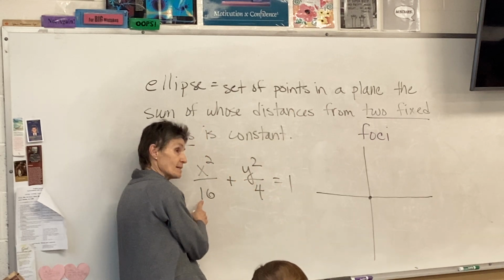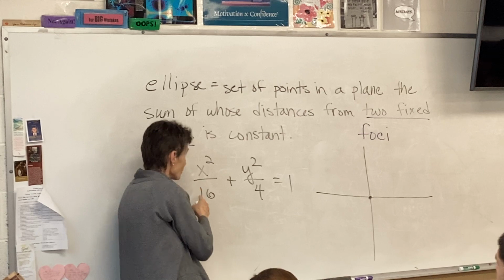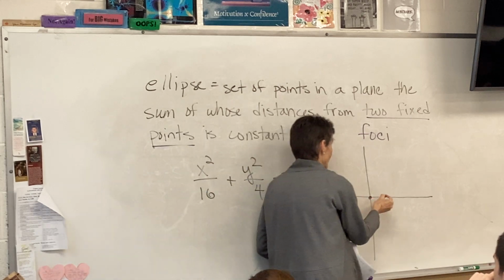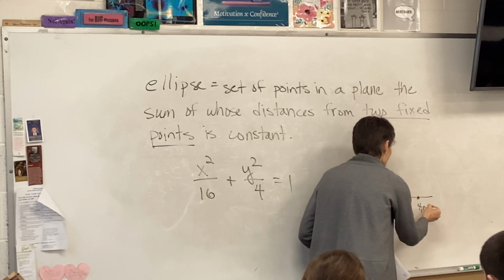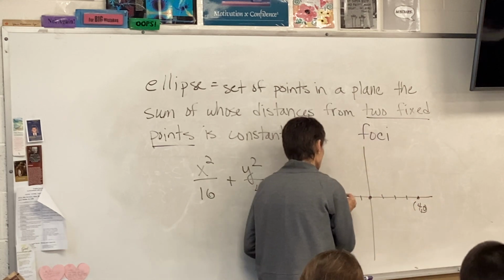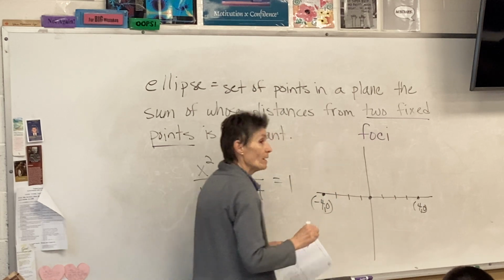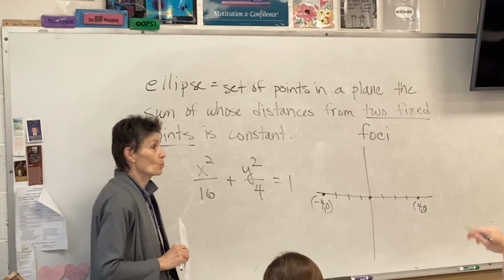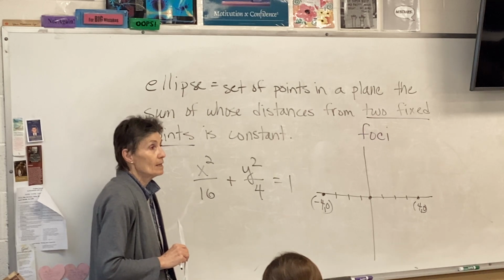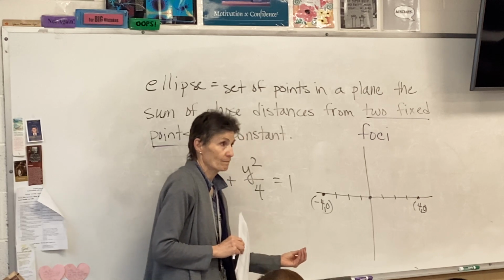Now, you see the 16 right here? That 16 is under x. So I am going to count 1, 2, 3, 4 in both directions on the x-axis. Now, where do you think the 4 came from? Square root of 16. An ellipse is like a circle.